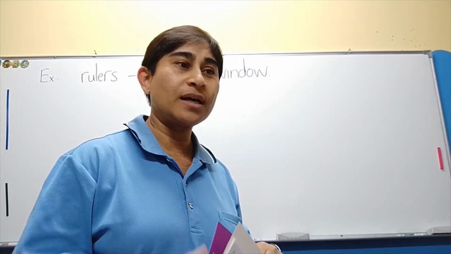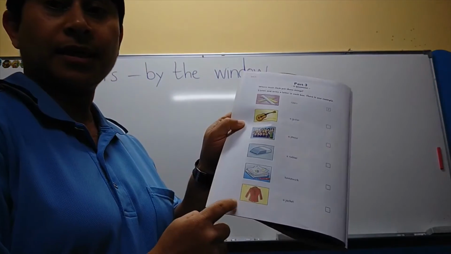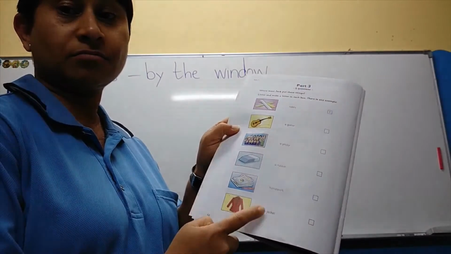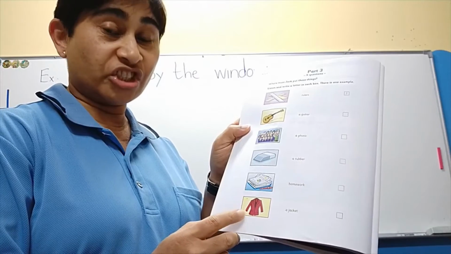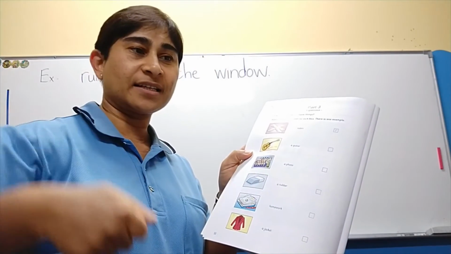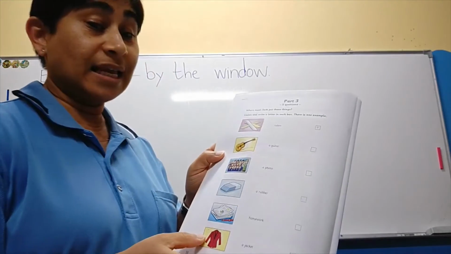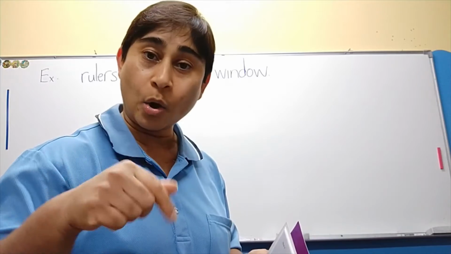And Jack says to her, well, here's your jacket. Okay, whose jacket is this? The teacher's jacket. Jack is telling her, here's your jacket. Okay, and he says to her, it isn't wet now.